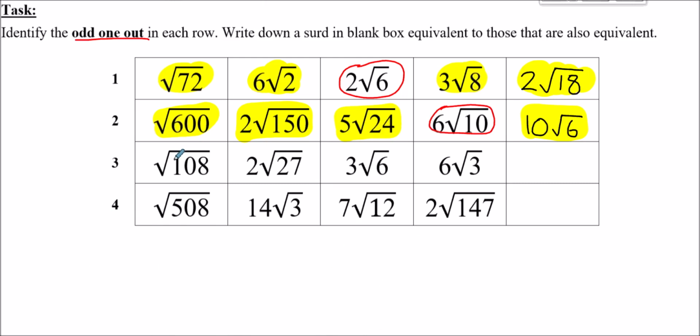So 108. So I can see already that 108 has some factors of it which are also square numbers. Okay, I can spot that 108 is a multiple of 4. 1 plus 0 plus 8 is 9. If the digits of a number add up to 9 or a multiple of 9, that shows it's divisible by 9.